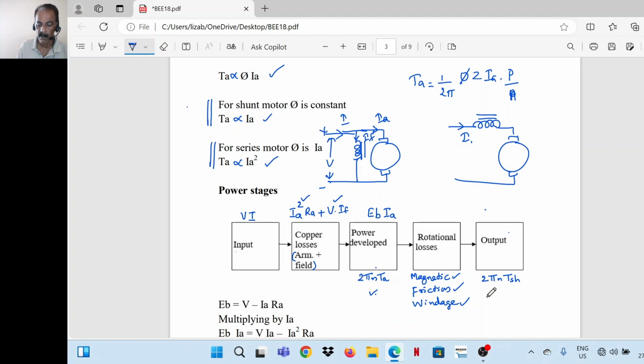The remaining torque is available at the shaft, which is the shaft torque. So 2 pi n into armature torque is Eb into Ia. 2 pi n into shaft torque is output in watts.